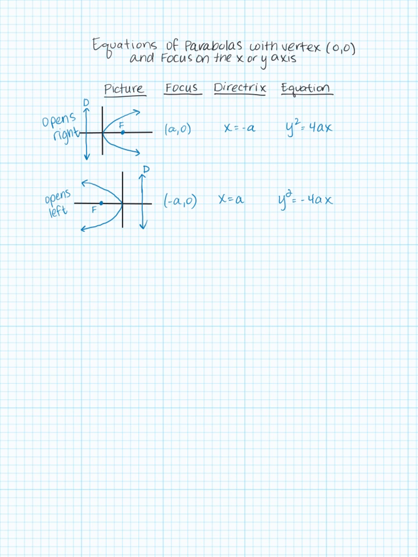We have two other orientations for parabolas besides left and right. Our parabolas can also open up and down. Starting off with a parabola that opens up, again with the vertex at (0, 0), now our focus is going to be on the y-axis instead of the x-axis, and our directrix will no longer be a vertical line, it'll now be a horizontal line.